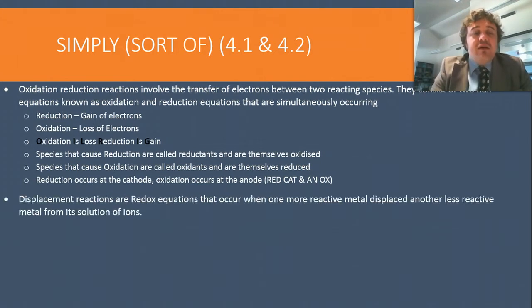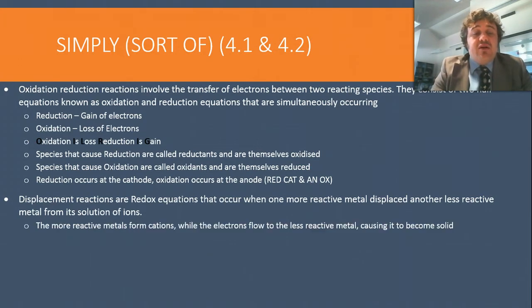So displacement reactions are redox reactions that occur when a more reactive metal displaces a less reactive metal from its solution of ions. Okay, so if we have a solution of a less reactive metal salt, and we put a more reactive metal in it, the more reactive metal will form cations by losing electrons.